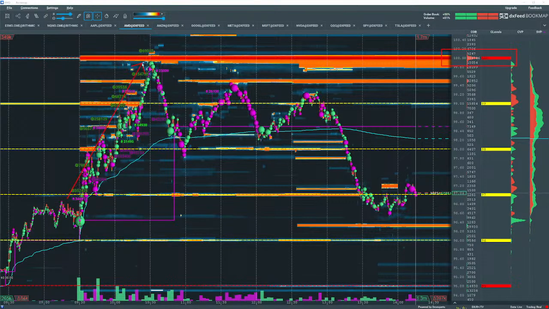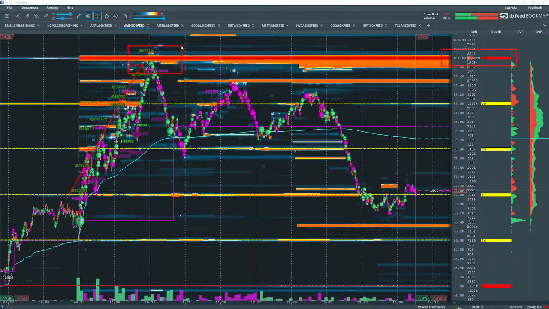So this reversal at the call wall was somewhat of a theme today, and notice AMD did not quite make it up to the call wall before reversing lower. So at first it acted as a target and then as a resistance level.